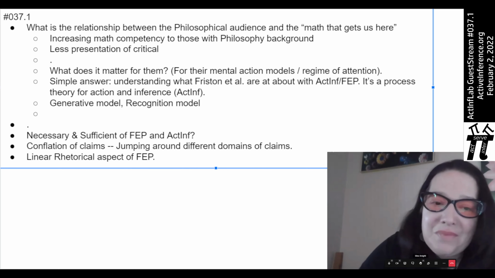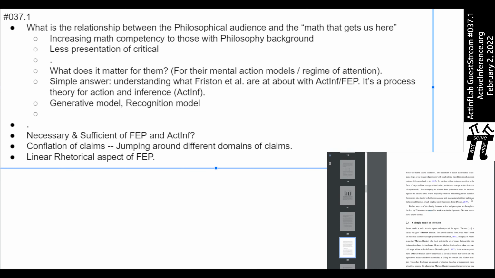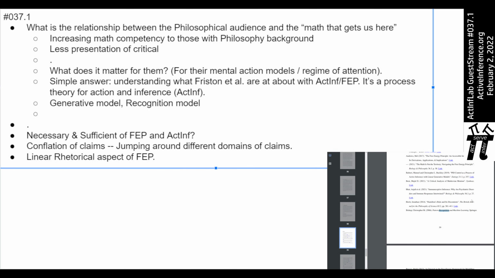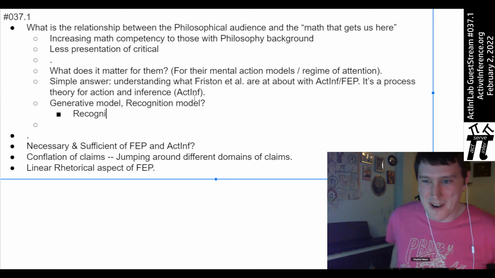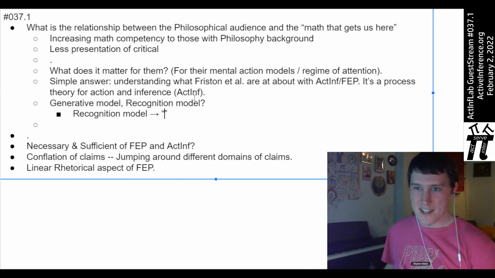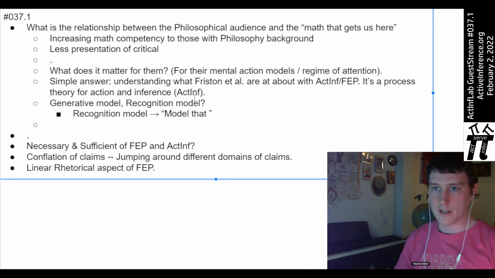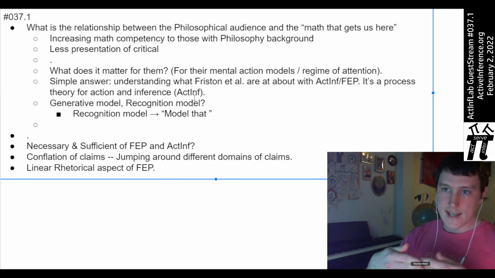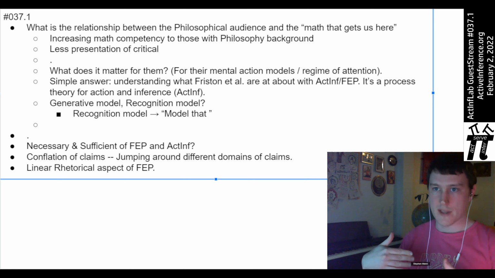By the recognition model, I understand that to be a sort of alternative way of doing inference that an agent could employ. So I'm saying what I understand by it, so you can correct me before I try and answer the question. An alternative to generative inference is just to employ a kind of recognition model, which simply takes in data and immediately produces some kind of statistical result from that data.